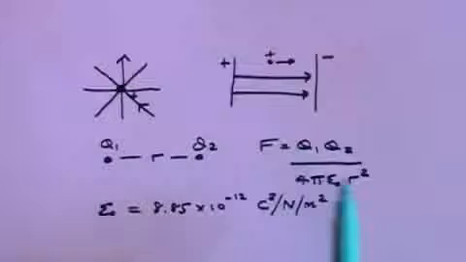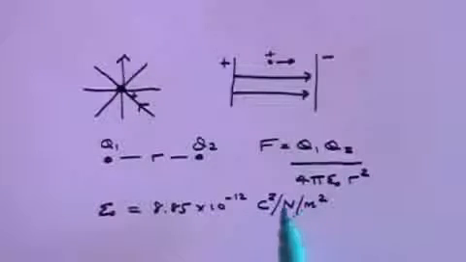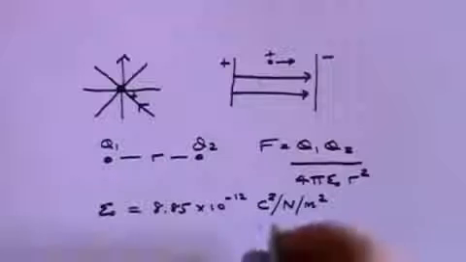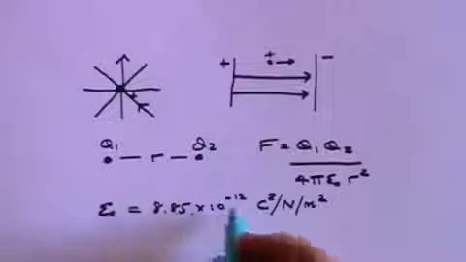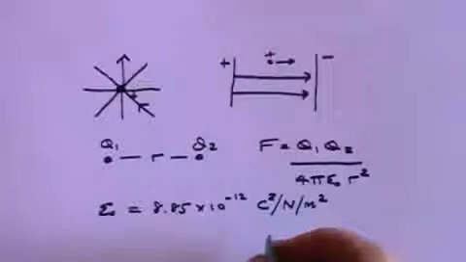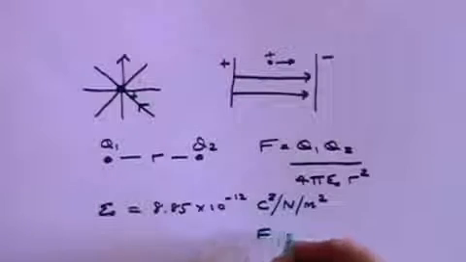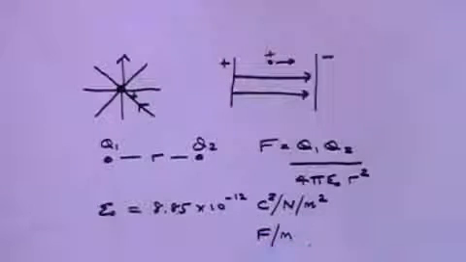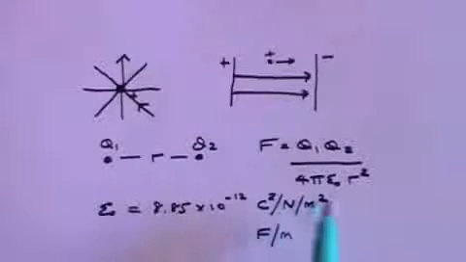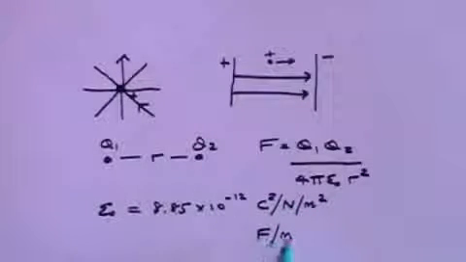So in order for this to be dimensionally consistent, epsilon naught has to be in terms of Coulombs squared per Newton per metre squared. But you will also find that described as 8.85 times 10 to the minus 12. The value is the same, but the units are farads per metre. And you'll find that when we deal with capacitance. If you look at the videos on capacitance, essentially that unit is the same as that unit.